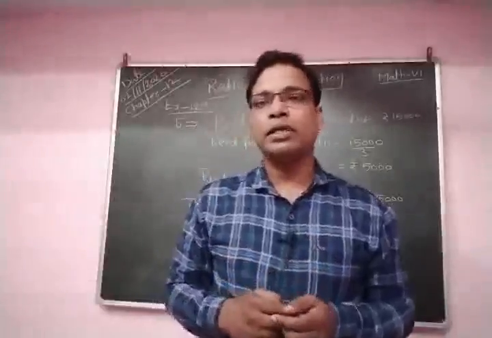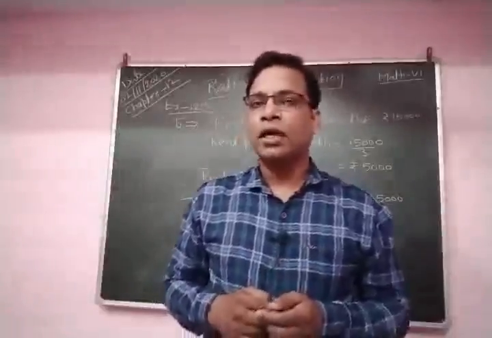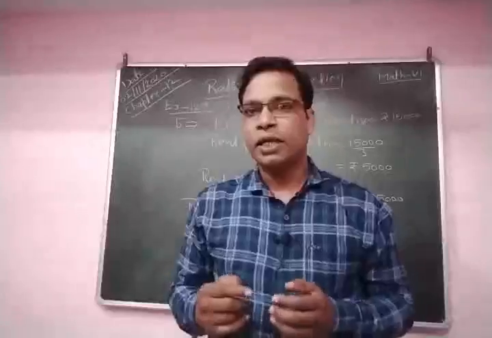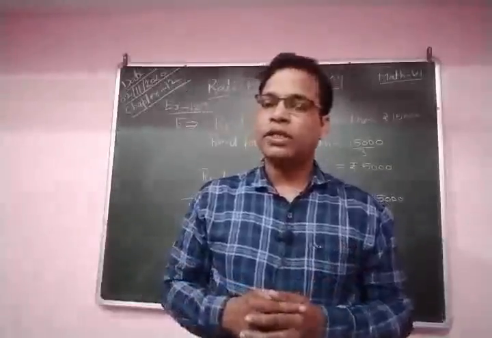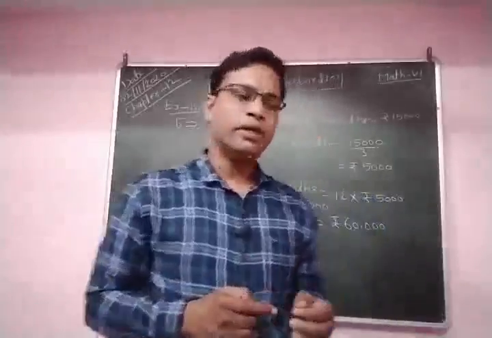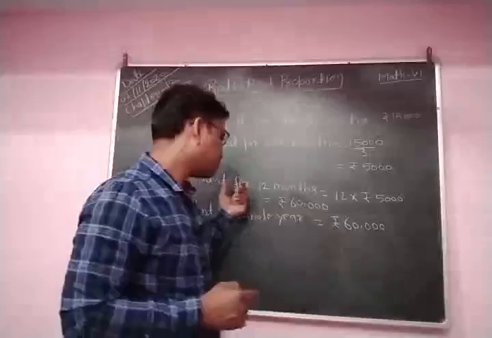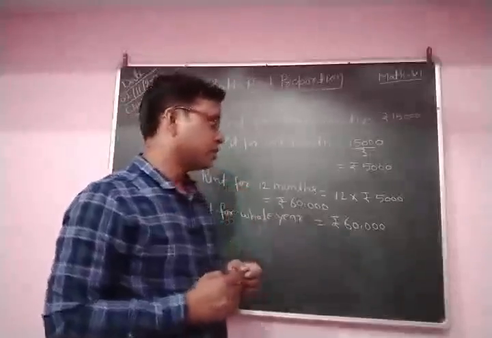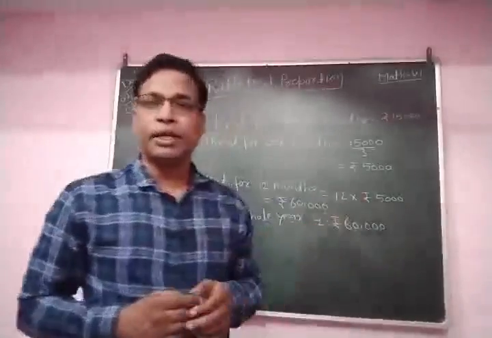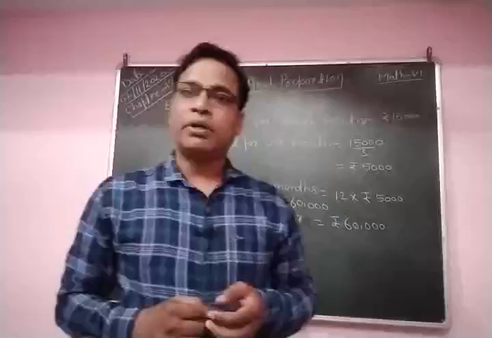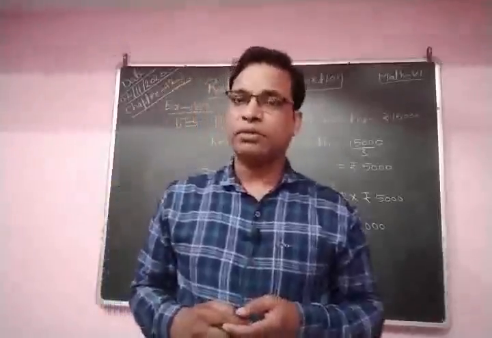You know very well 1 year is equal to 12 months. So you find the rent for 12 months. 12 into 5,000. This is clear.